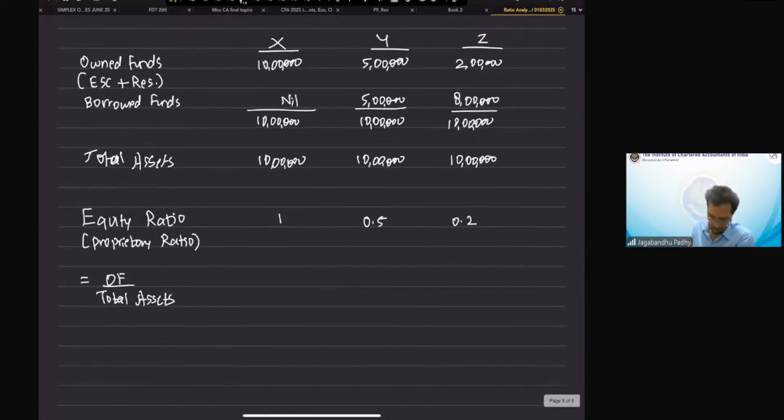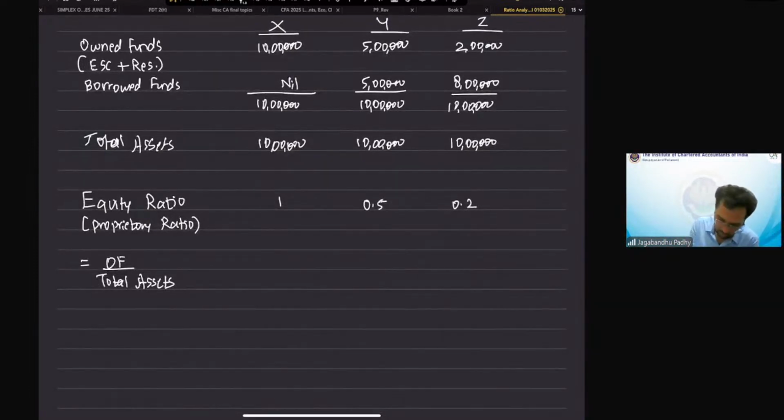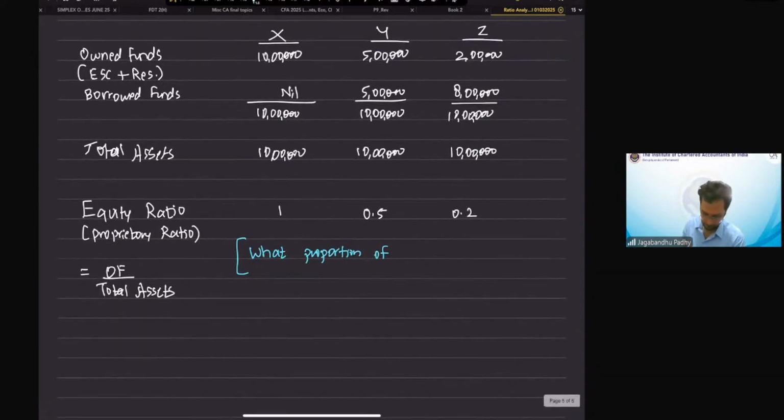Right? So this equity ratio tells us what proportion of assets are funded by owners.